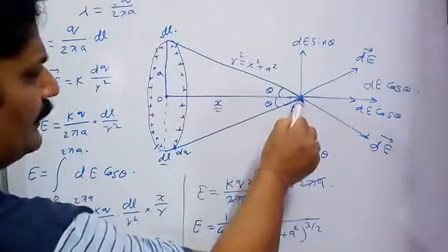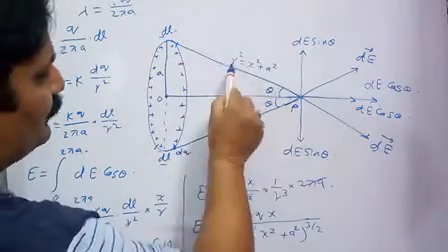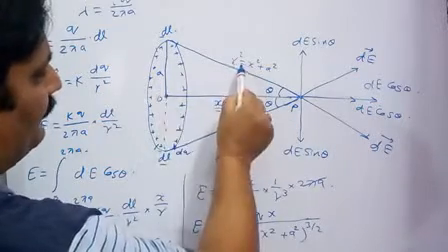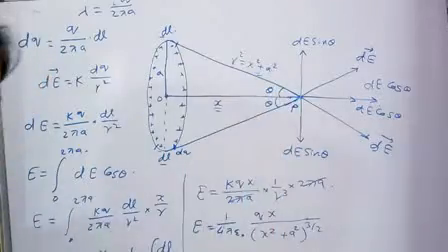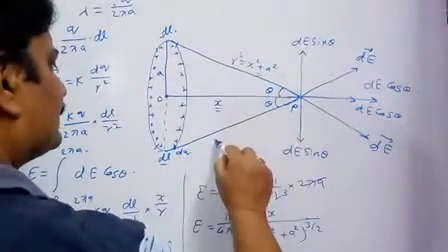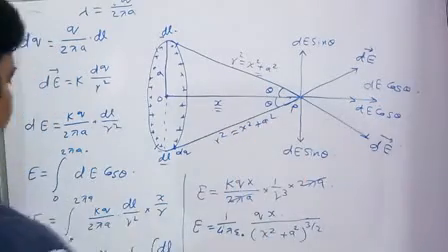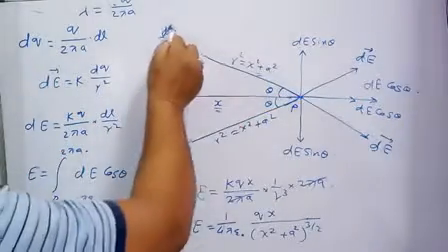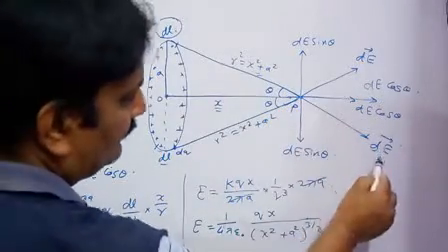So distance of point P from element of length dl is suppose r. By Pythagoras theorem, the value of r square is equal to x square plus a square. Similarly, this distance is again r square equal to x square plus a square. So electric field at point P due to element of length dl is dE in the direction.